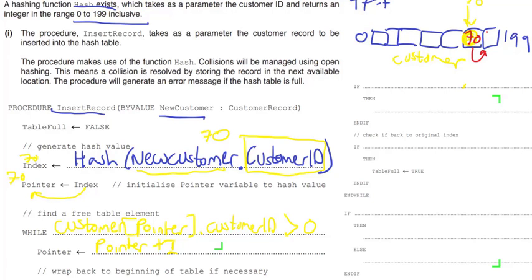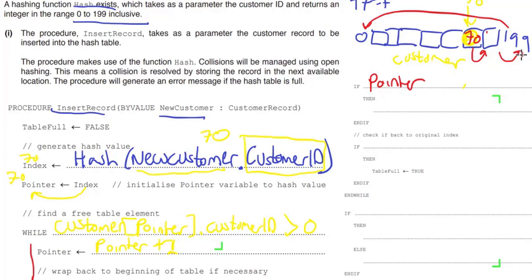Pretty simple so far. If, though, when we get to 199, we want to say, uh-oh, we're full, and start again at 0 to reset it. So, if our pointer, this is by the way still inside our loop, just to make note of that.